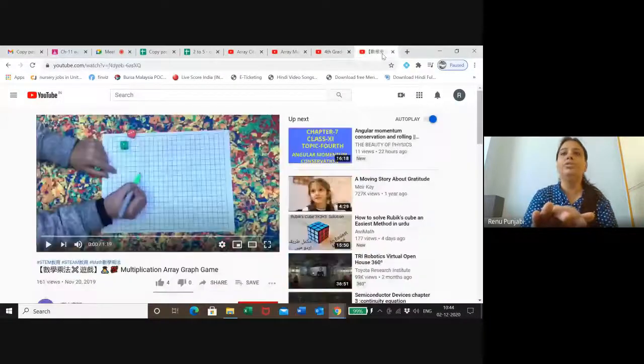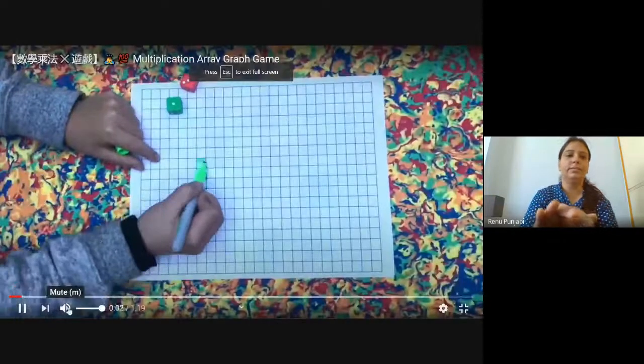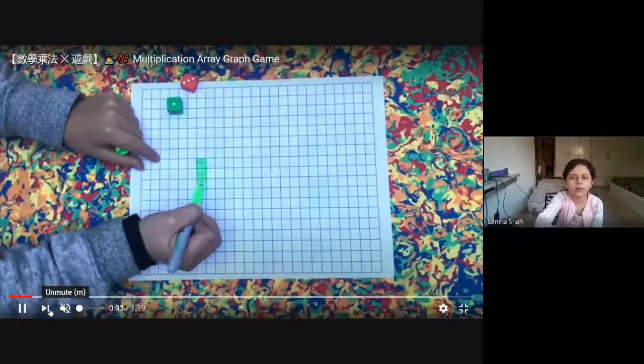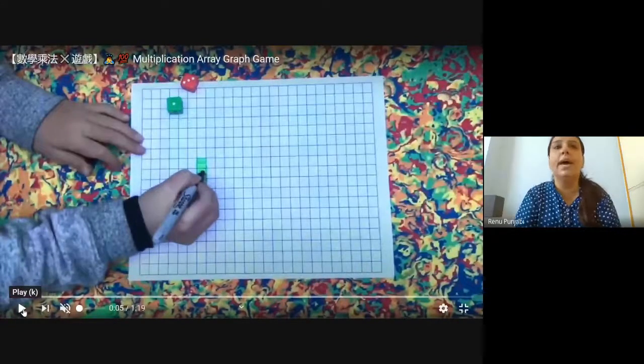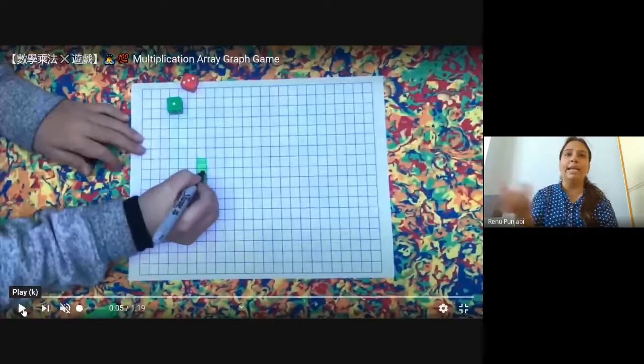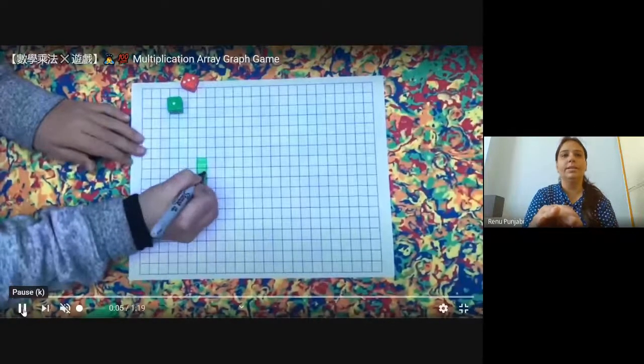Now I'm going to show you the dice. My screen is visible. Yes, ma'am, it is visible. Okay. Now see, there are two friends playing one game with the dice. They rolled 2 dice together. They got 3 on one dice and 1 on another. Now see what they are doing. They're taking one row and 3 columns.